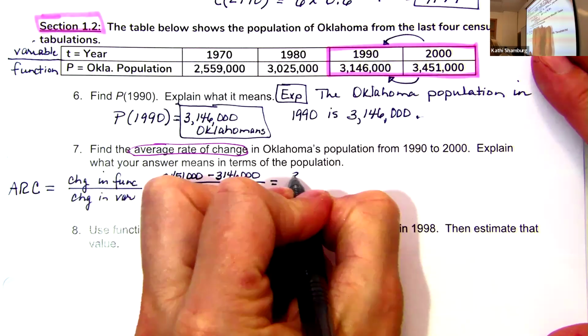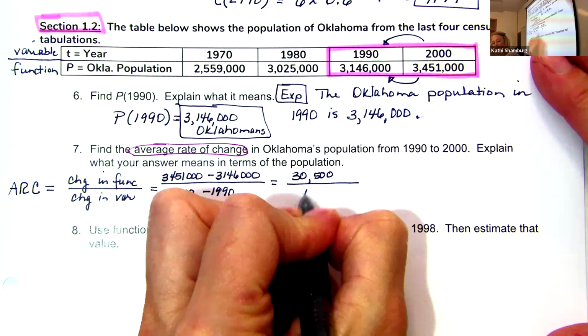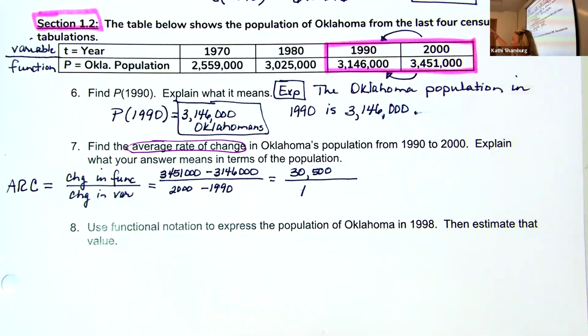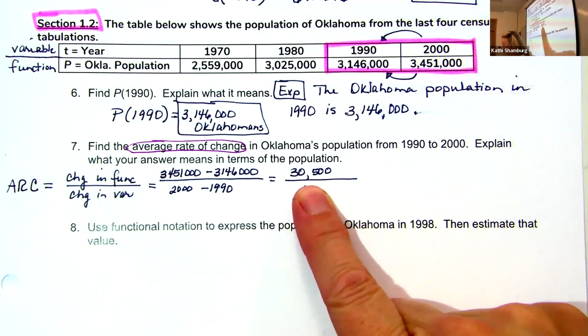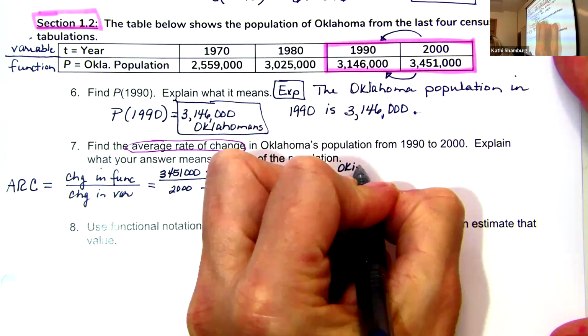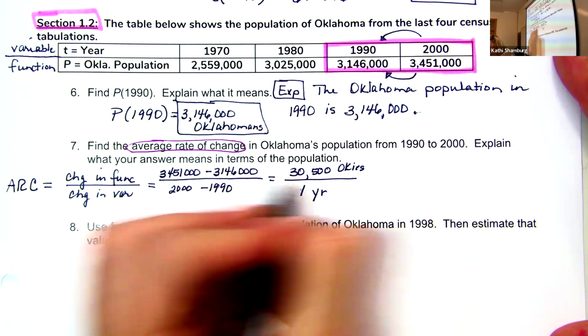Now, 30,500 over 1, but I will also be picky that you tell me what 30,500 is and what 1 is. So what is the numerator? I'm gonna say Okies just for short. Over 1, what? Here.